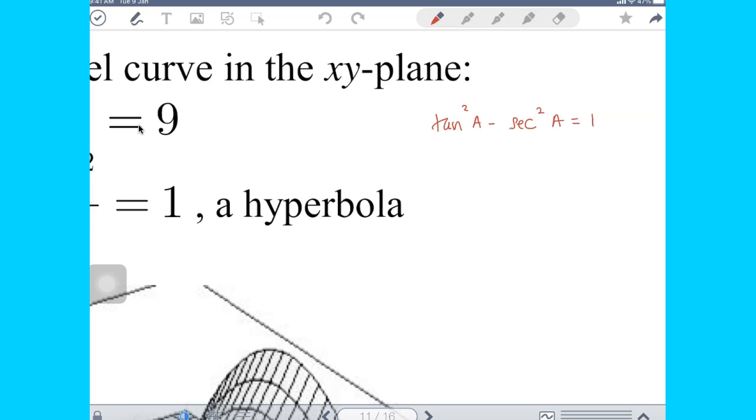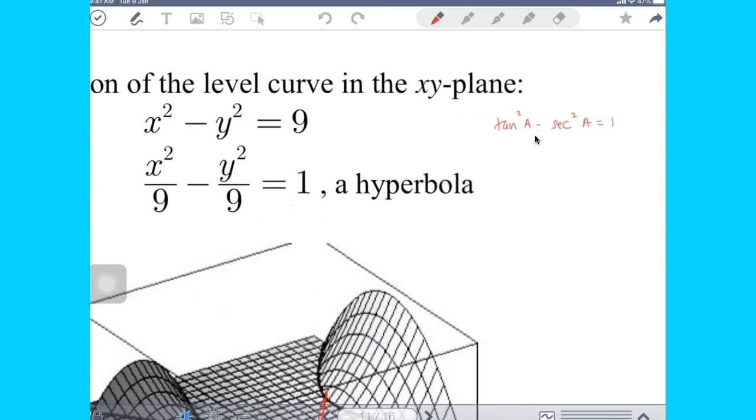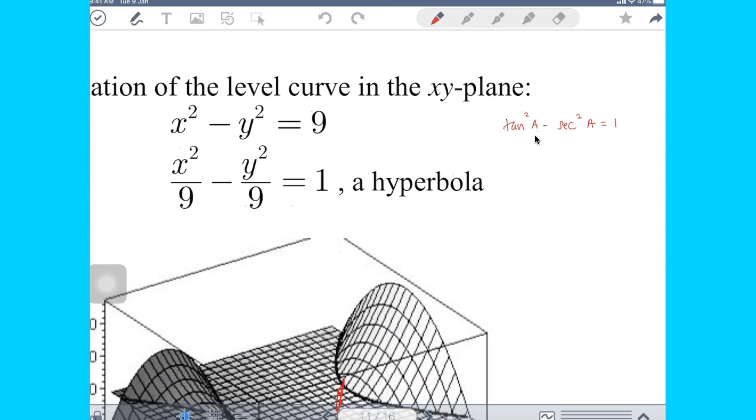If you look at the list of the trigonometric identities, there is this kind of identity that you can see. In this case, why I'm choosing this: if you look here, this one looks like x squared over 9, and this one we have y squared over 9 equal to 1.